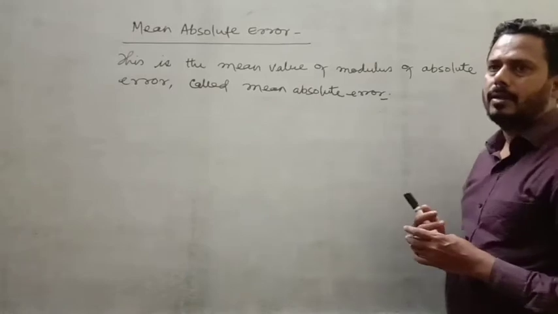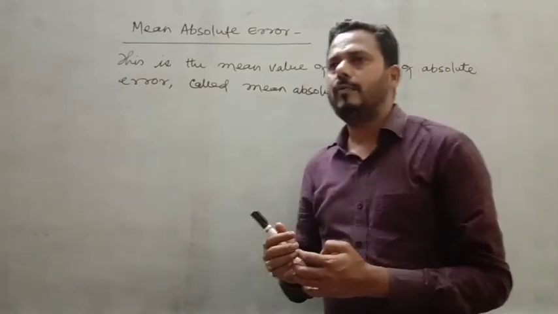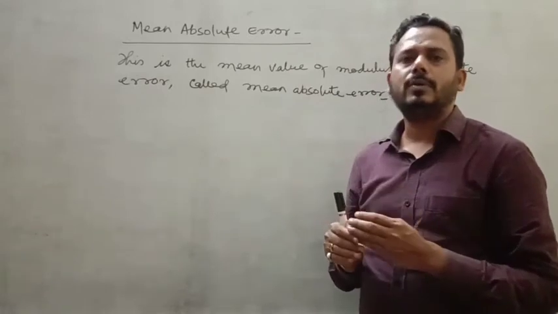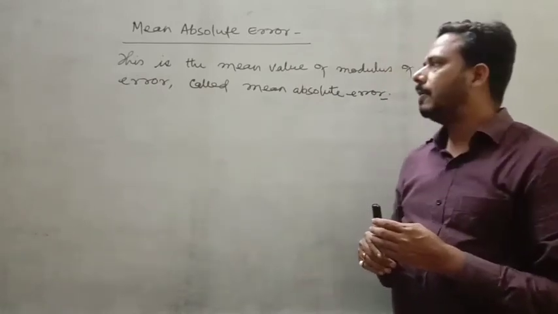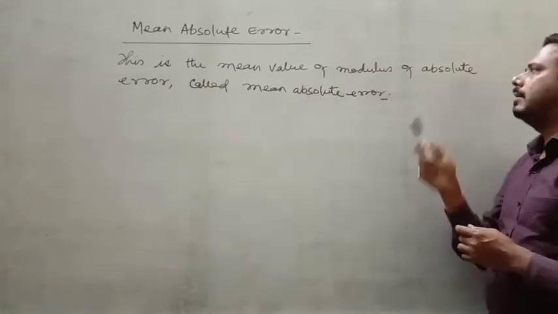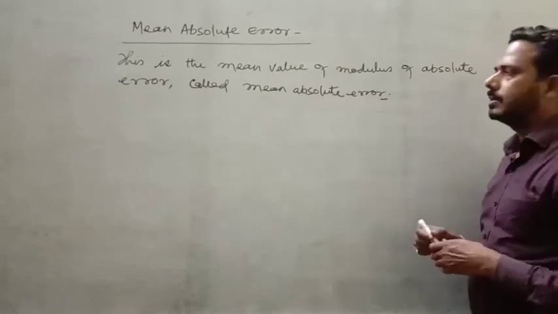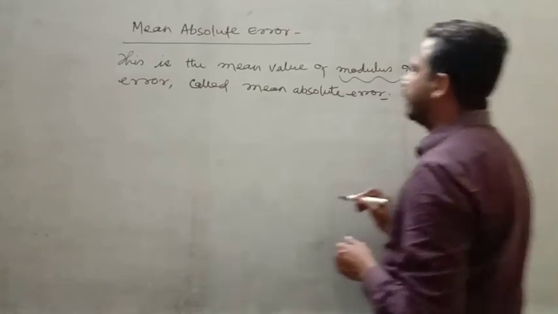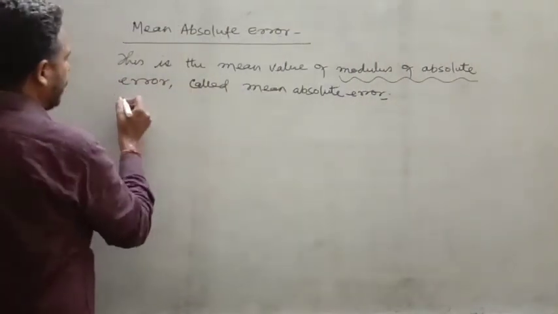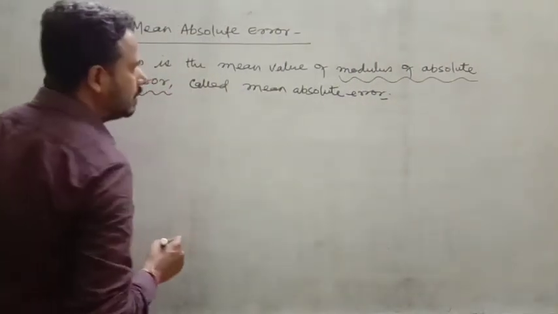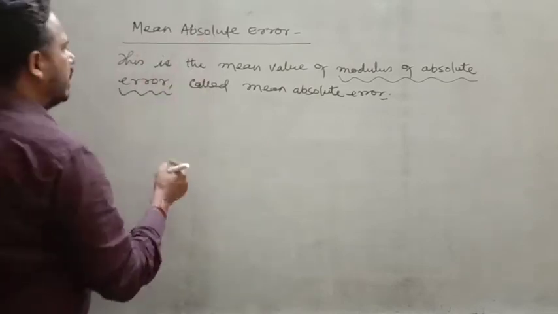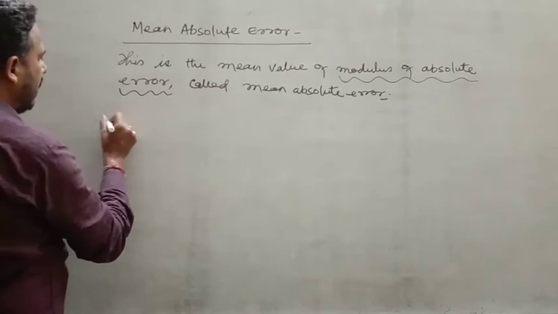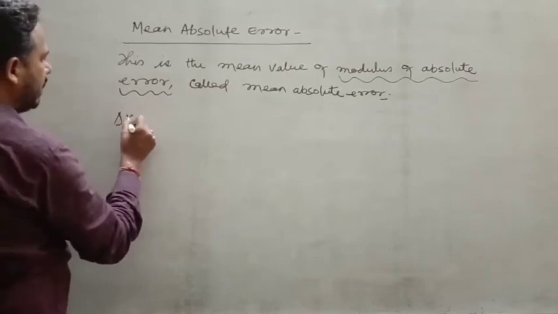Whatever is negative will be converted into positive when you take its modulus. That's why we have taken the modulus of absolute error. Therefore mean absolute error is represented by del x mean.